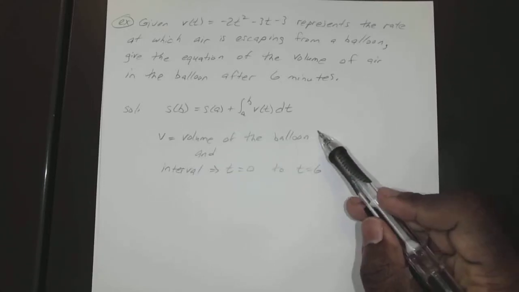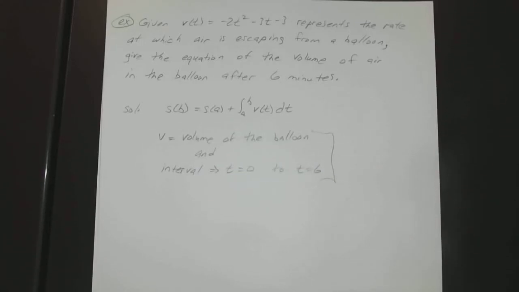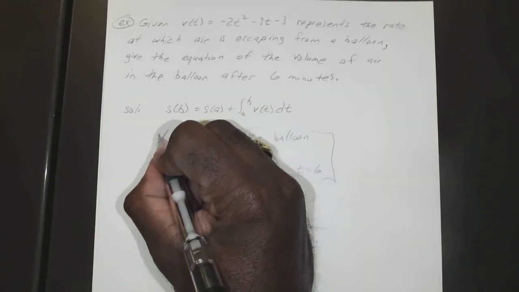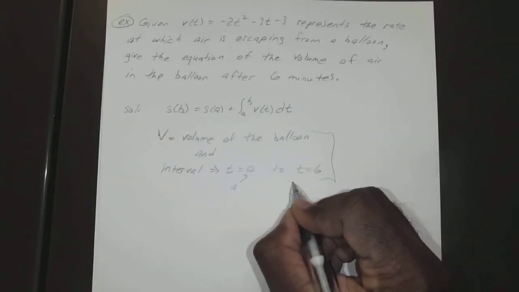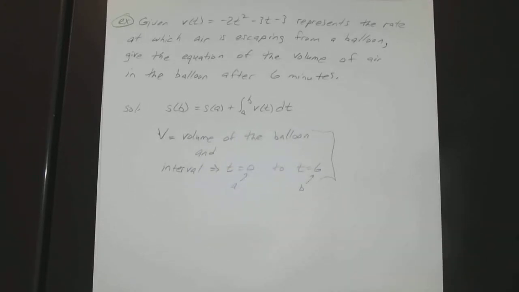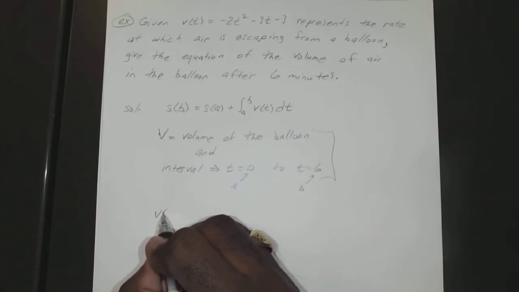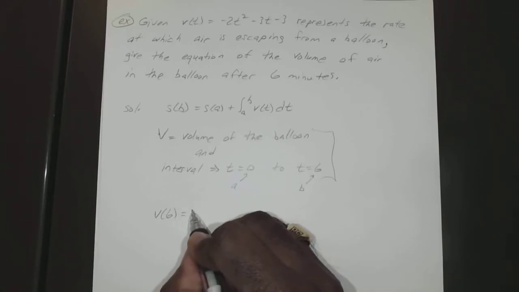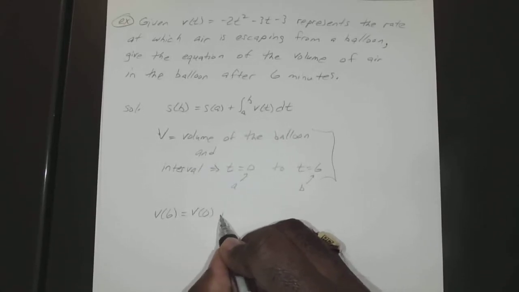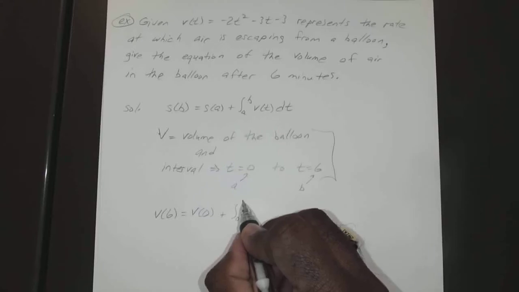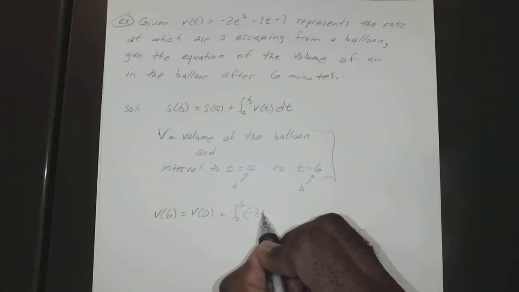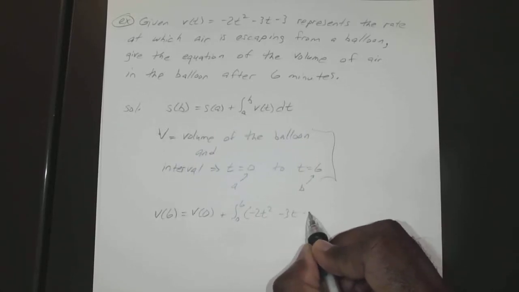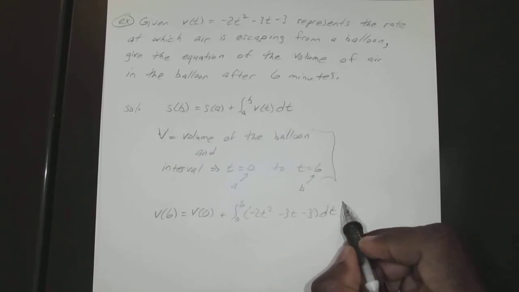Okay. So really, this information here gave us all we need to know. Because we're going to replace the S with the uppercase V. And our B, well, better yet, this is our A, and this is our B. So that means we're going to have V of 6 is equal to V of 0 plus the integral from 0 to 6 of negative 2t squared minus 3t minus 3 with respect to t.